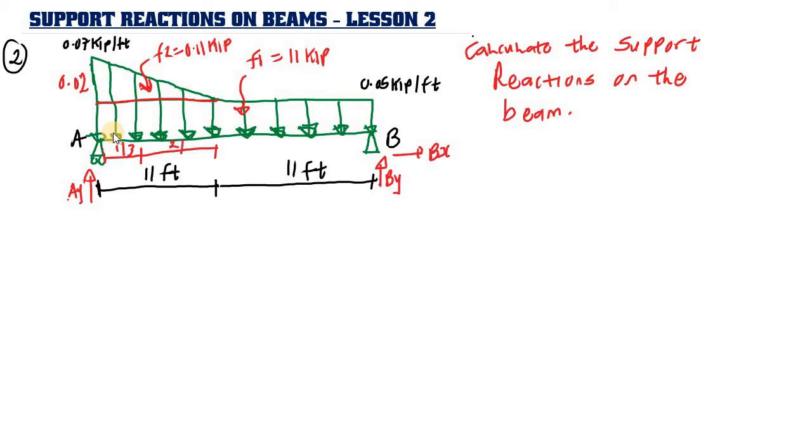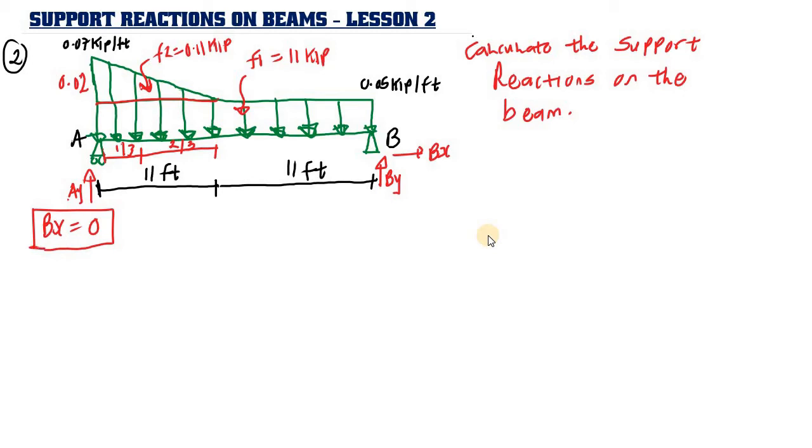Now what we need to do is calculate AY, BY, and BS. BS is going to be equal to 0 because we don't have any horizontal force on this beam. So BS is automatically equal to 0.